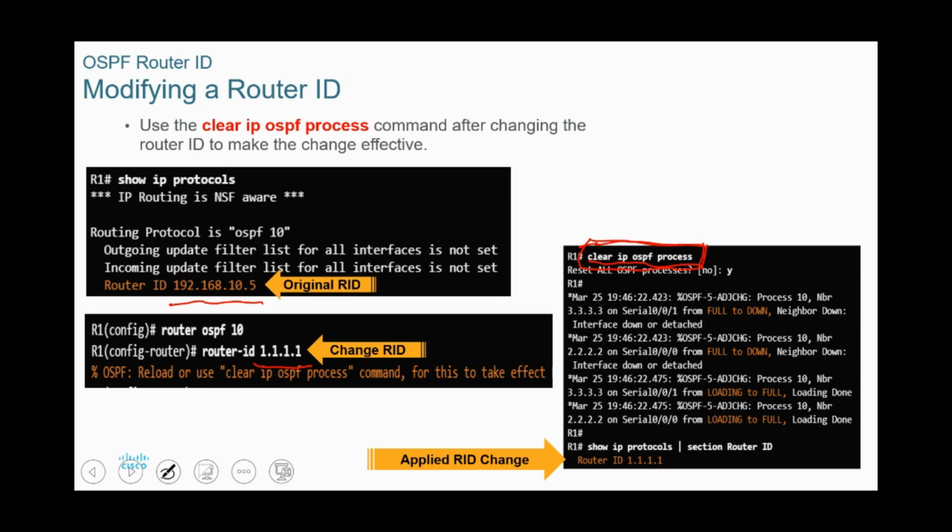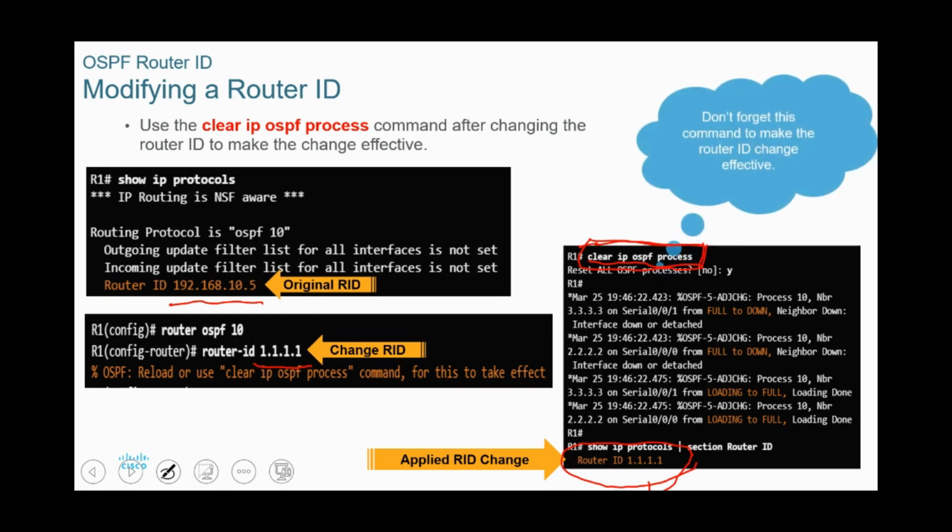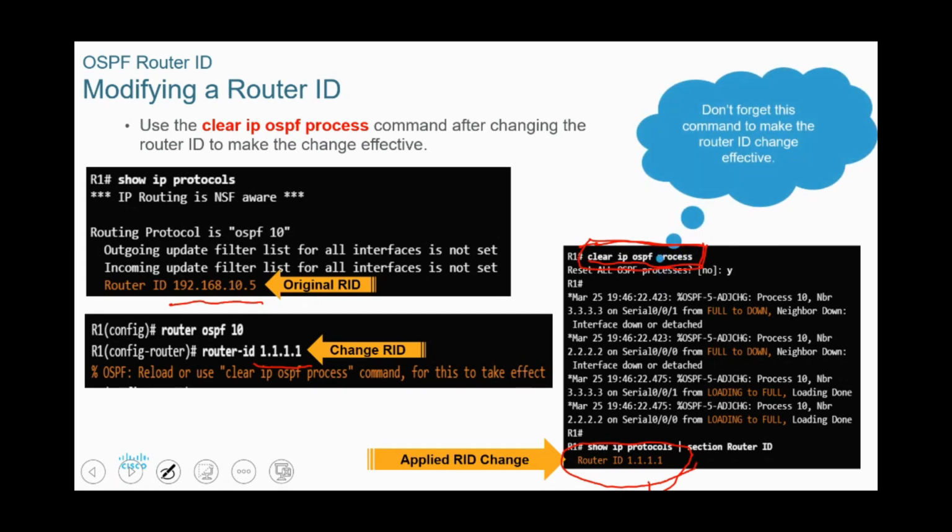After that, you show ip protocols to verify it again, and this time you should see the router ID updated to 1.1.1.1. So don't forget to issue the clear ip ospf process command to make the router ID change take effect.